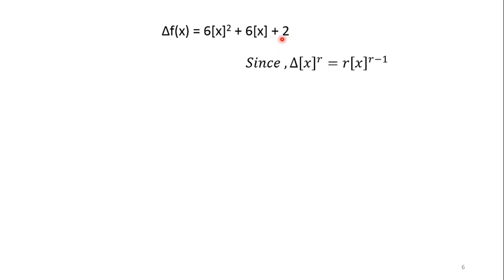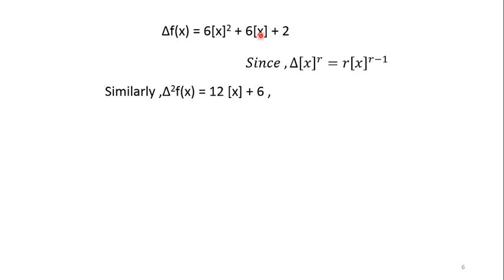Since delta of x^(r) equals r into x^(r minus 1), using this formula we can simplify. For the second difference, again apply this: 6 into 2 is 12 into x^(1), then 6 into 1 x^(0).